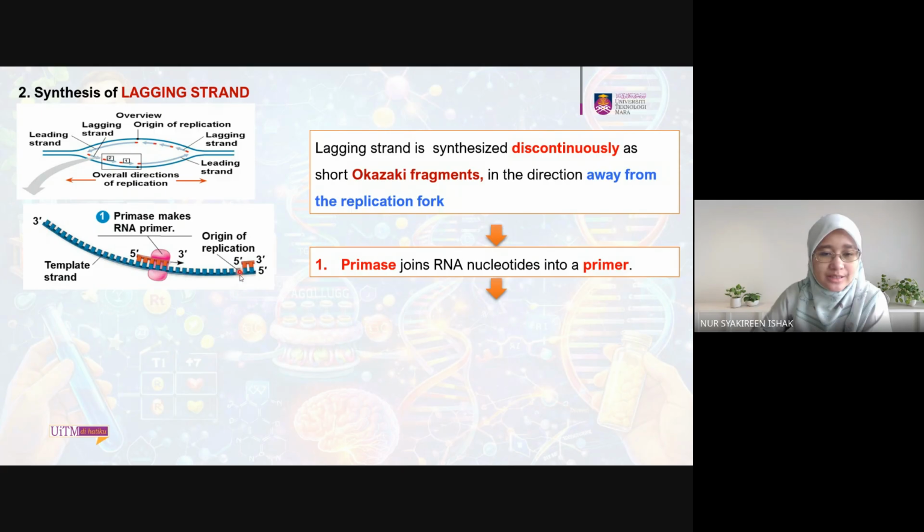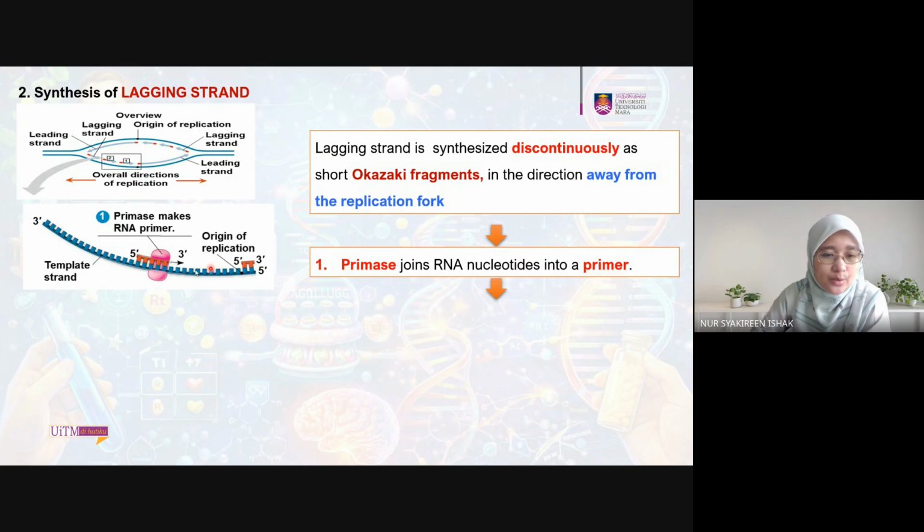Here you see the primer of the leading strand. This diagram is the enlarged diagram from here. So here is the primer of the leading strand, and we are starting over here at the origin of replication.